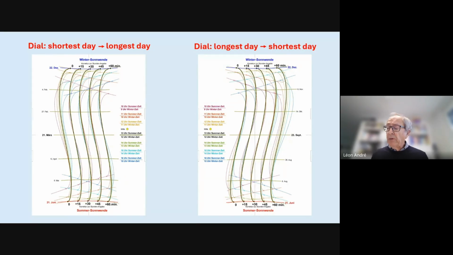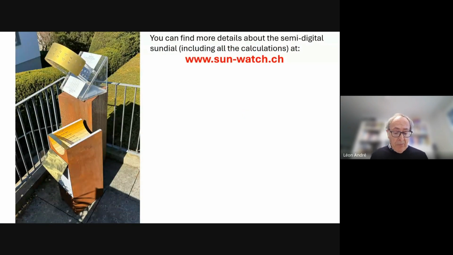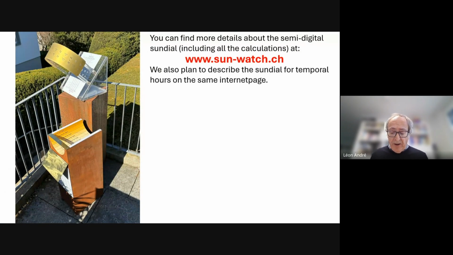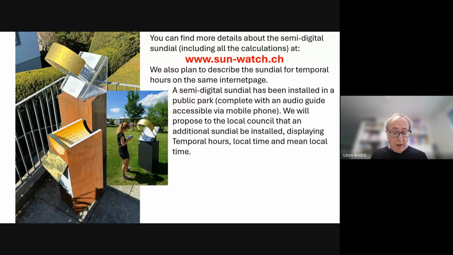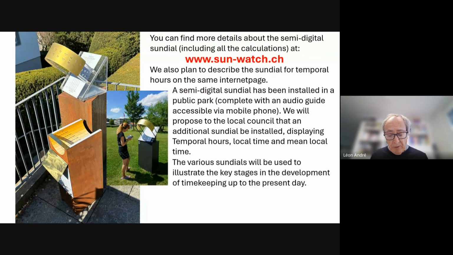You can find more details about the semi-digital sundial, including the calculation and the formula, at this internet page. We also plan to describe the sundials for temporal hours on the same internet page.